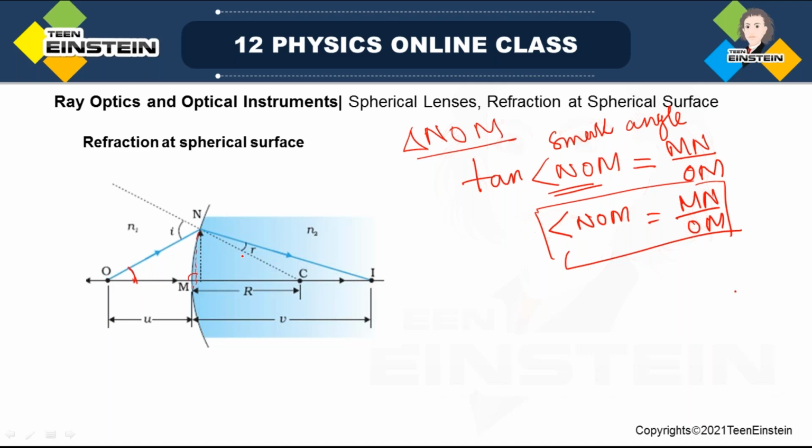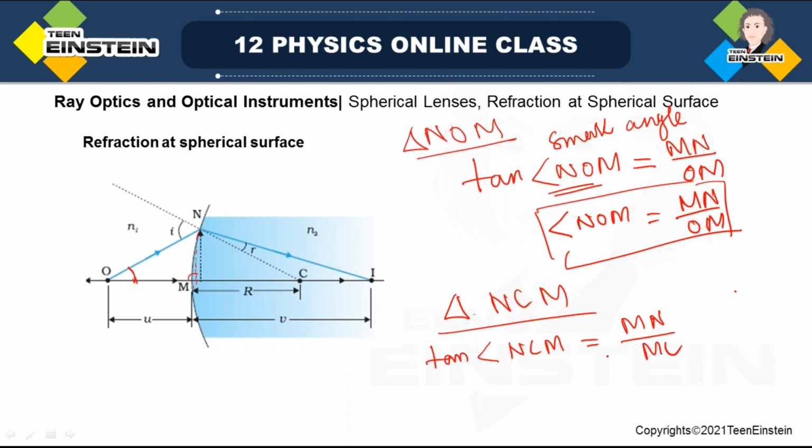Now I can take another triangle, this triangle NCM. If you take the tangent of angle NCM, this will be obtained by MN by MC.